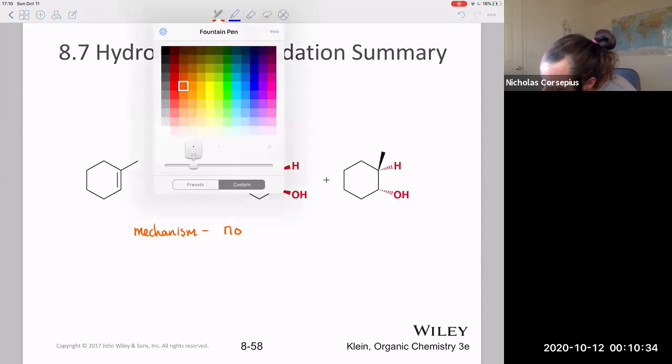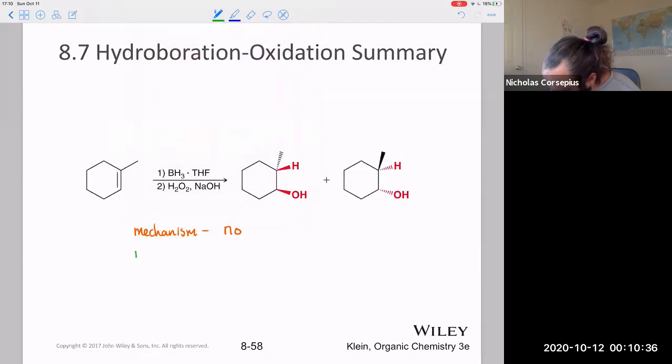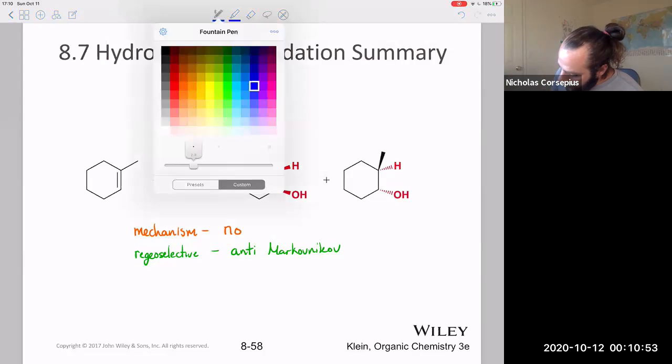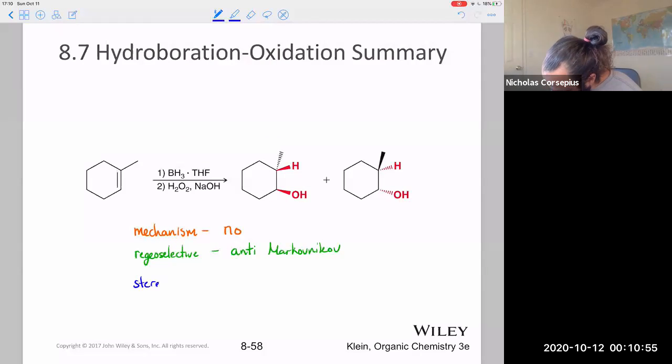What you do need to know specifically about the regioselectivity is that this will produce the anti-Markovnikov product. And then lastly, in terms of stereoselectivity, these are syn additions, which will influence the reaction products that you get.